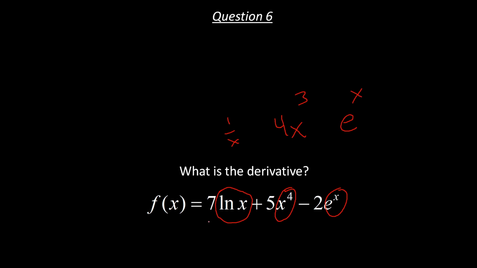And now we look at the constants. So we have a 7, a plus 5, and a minus 2. And so we would get 7 over x plus 20x cubed minus 2e to the x.